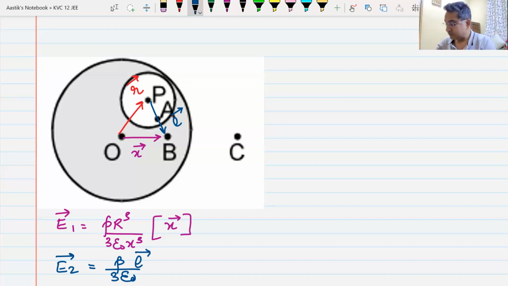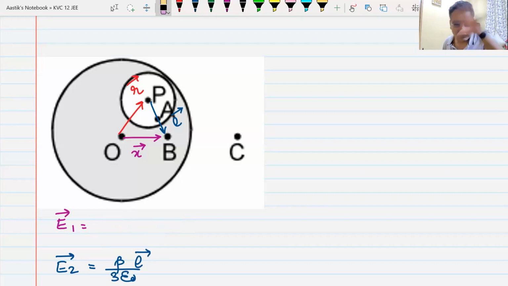I feel so. Because for the first sphere, this point is inside the sphere. So the answer for this one will be rho x by 3 epsilon naught. Do we understand it?